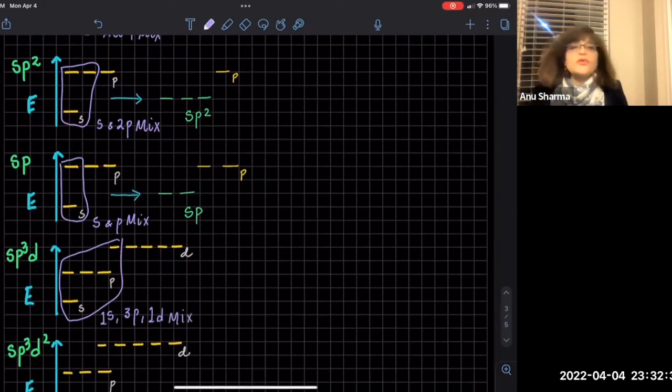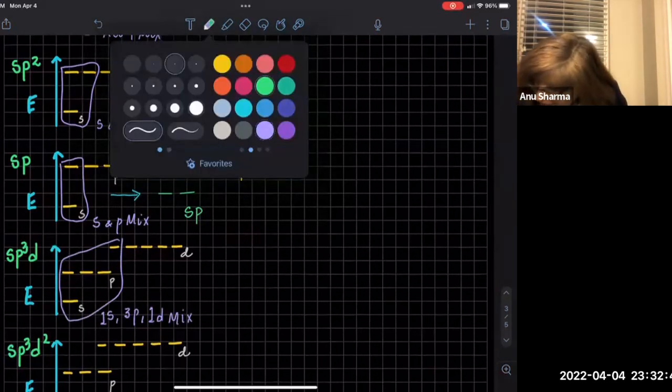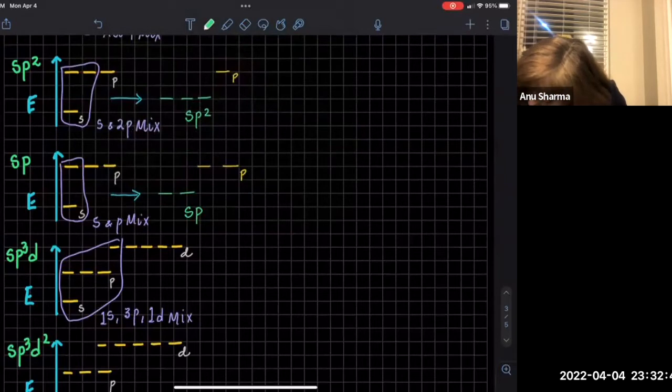After mixing, the whole idea is to lower the energy. So the new hybridized orbitals now have these going to be slightly at a lower energy state: 1, 3 P's, and then 1 D. 1, 2, 3, 4, 5.